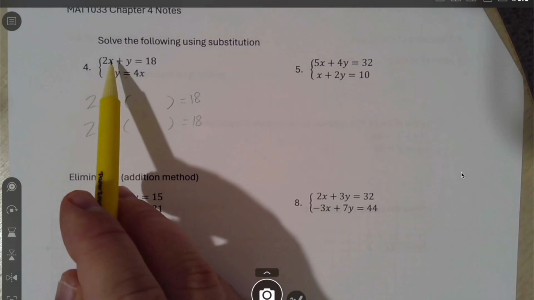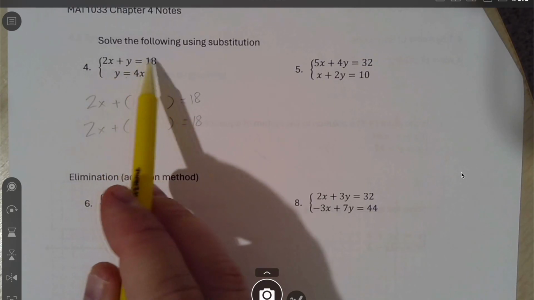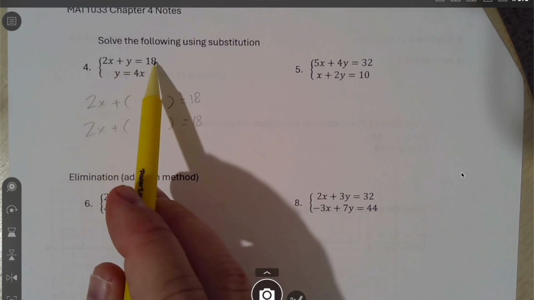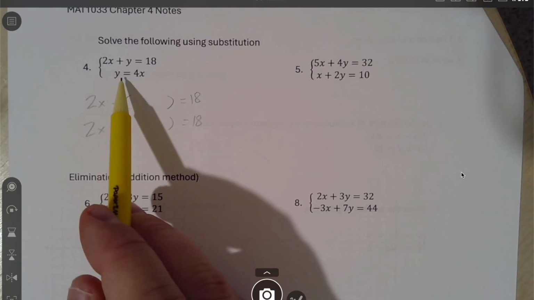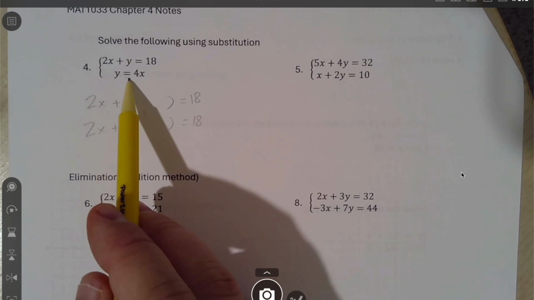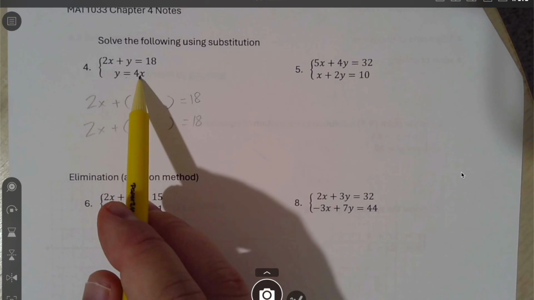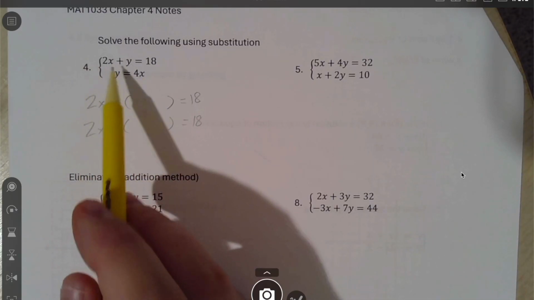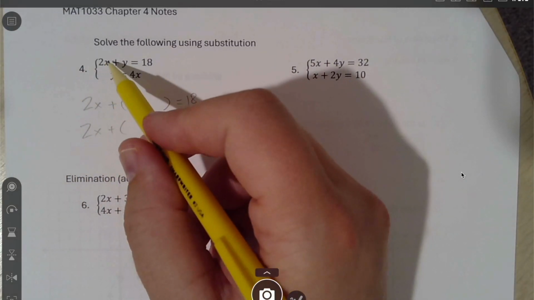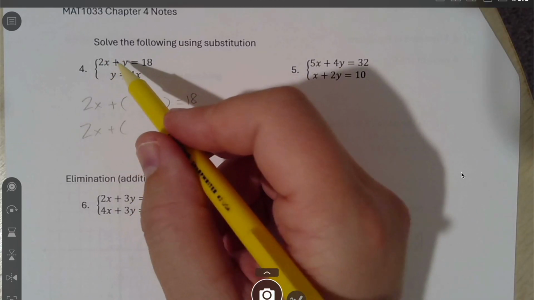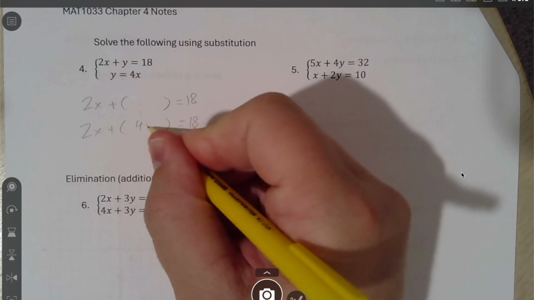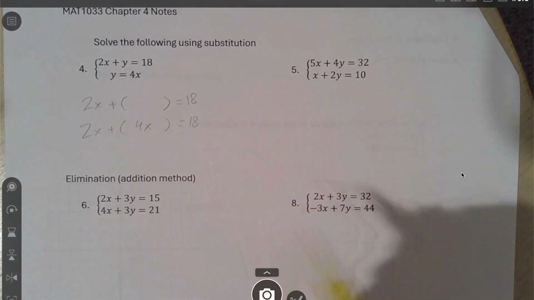Because when you read 2x plus y equals 18, the problem is there are two unknowns. But underneath, we were just told y could instead be written as something that has an x in it. And so what that allows me to do is read this and say, well, 2x plus what y can be written as is equal to 18.